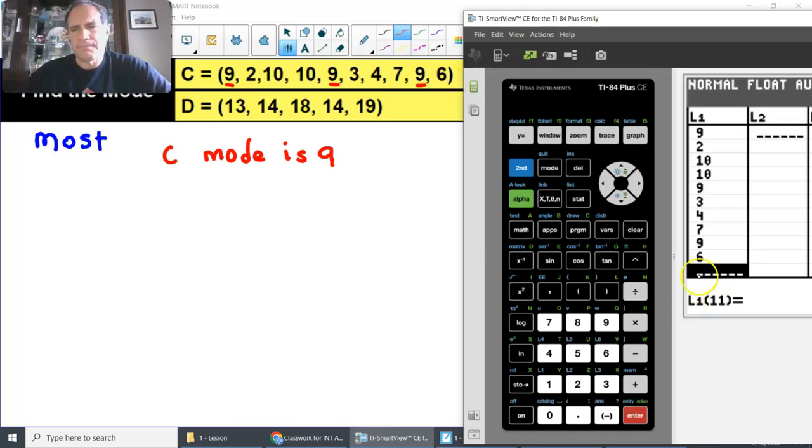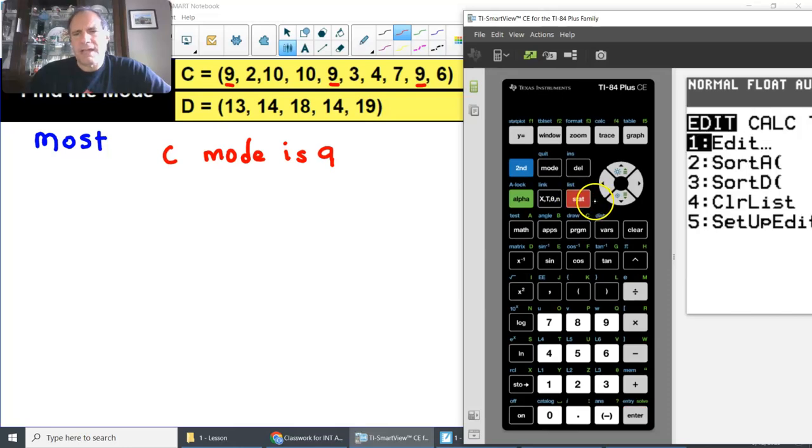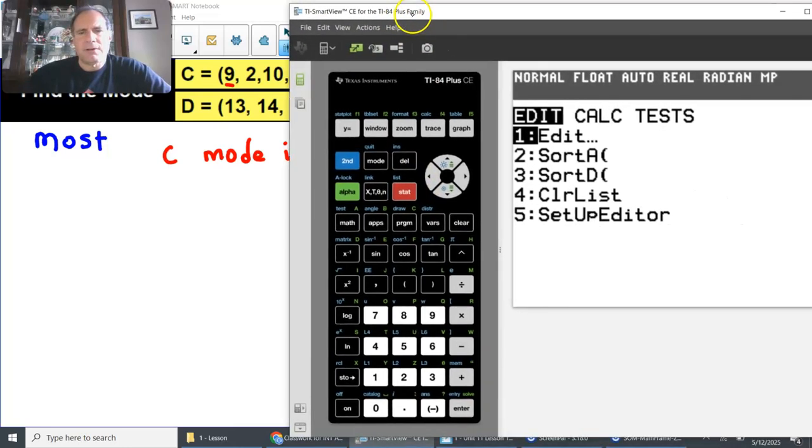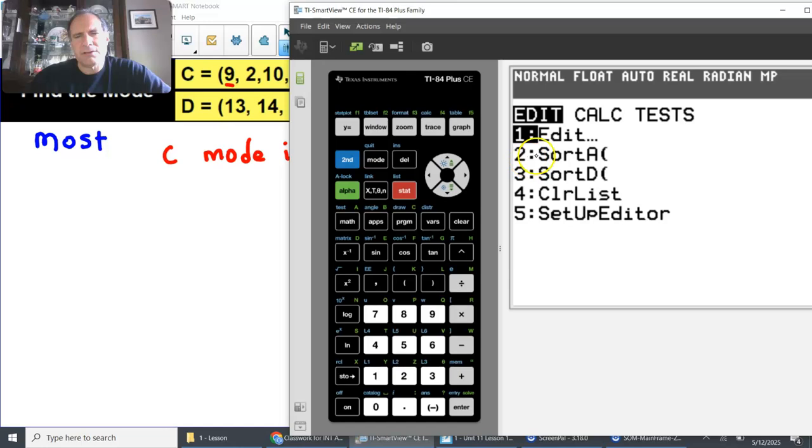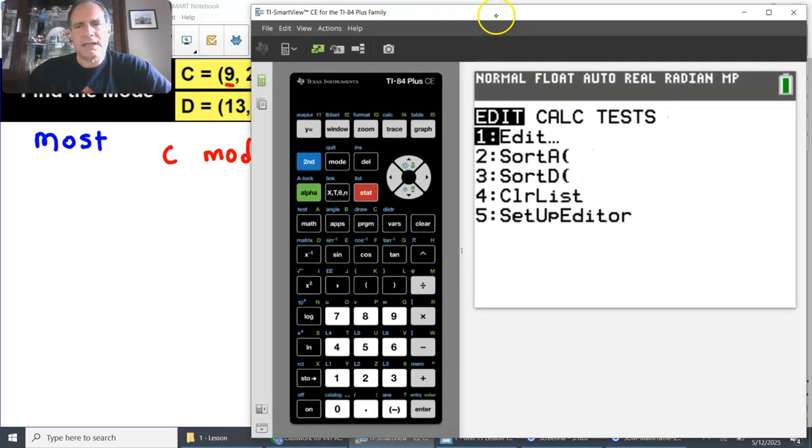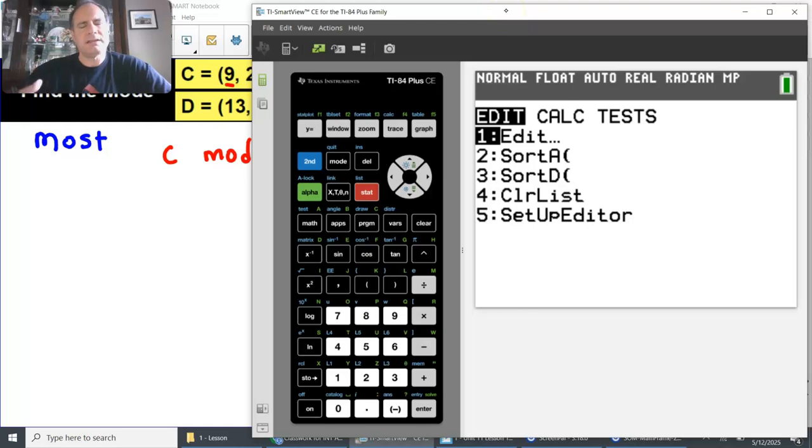All right. So if I go to stat and I'm looking at this right here, this number 2, you could sort the list in an ascending manner. Ascending means it's rising, from lowest to greatest.